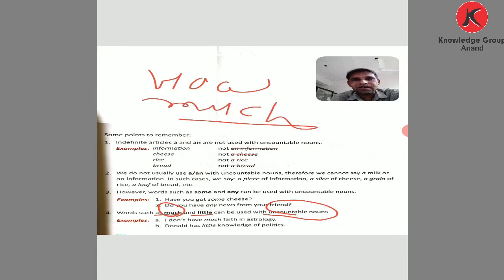Now the fourth one. Words such as much and little can be used with uncountable nouns. Much, the question with how much, that is an uncountable noun. We can say how much water do you drink in a day, so you can say a liter of water or a little water.